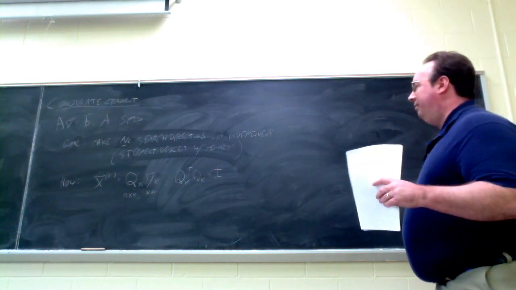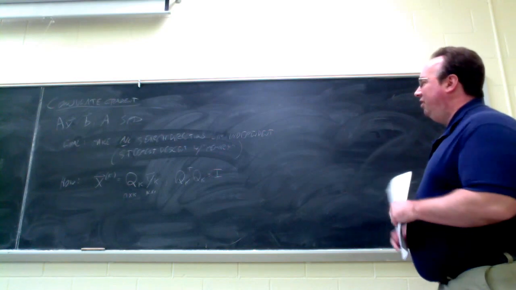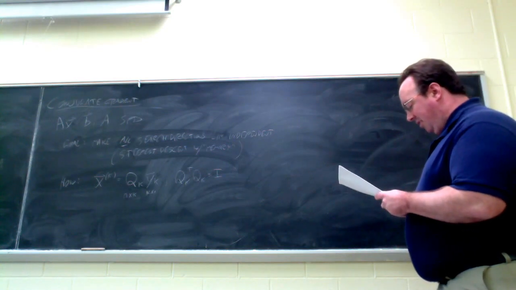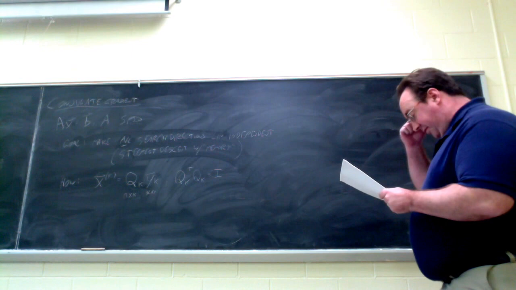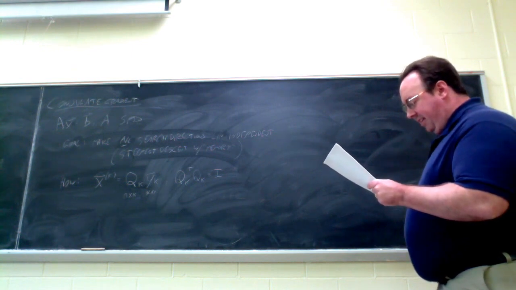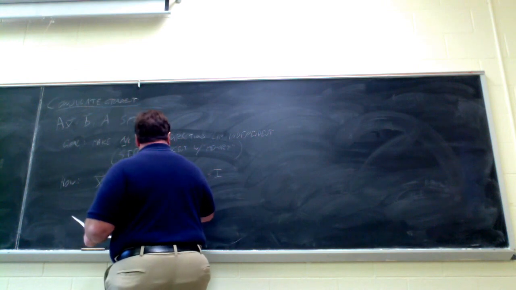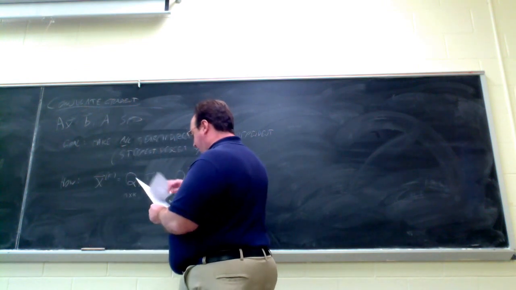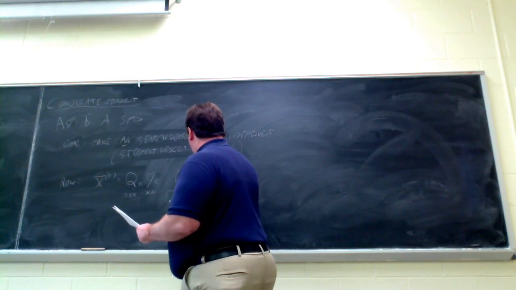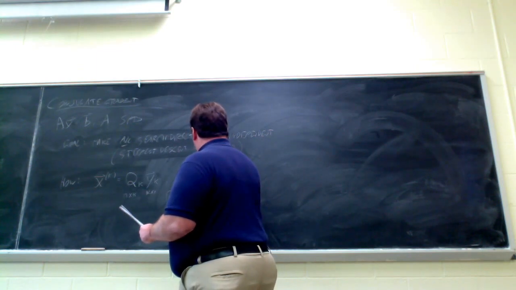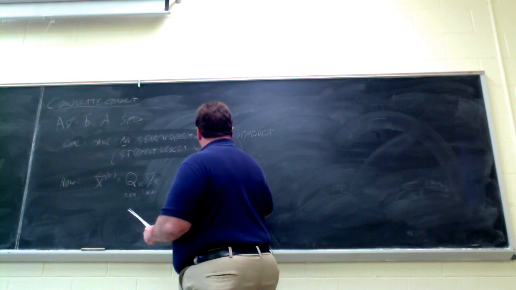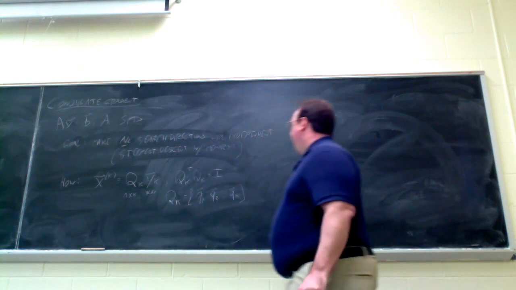Each new column you can think of as a new direction to add on in a way. Now, I'm going to define Qk to have these columns, q1, q2, and so forth, up to qk.